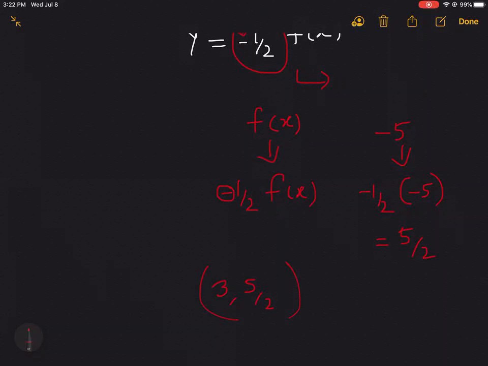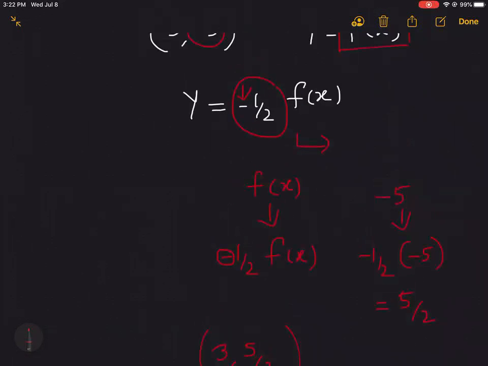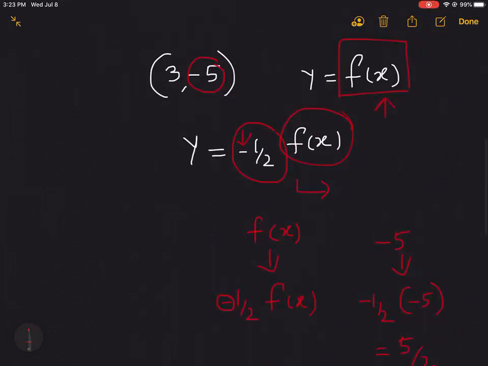Okay, that's the algebraic sense, because if you're multiplying the functional value by half, it's actually cutting it into half, right? Whatever you had initially, now in return you'll get half of that, and obviously in addition to that, it will be negative.